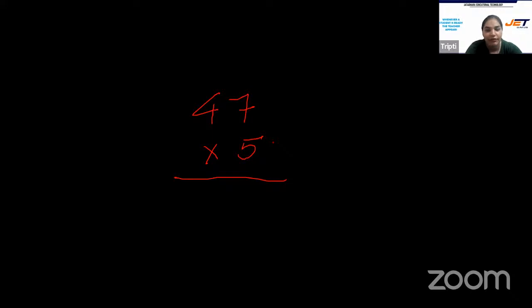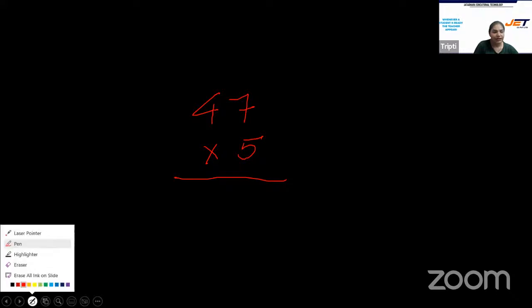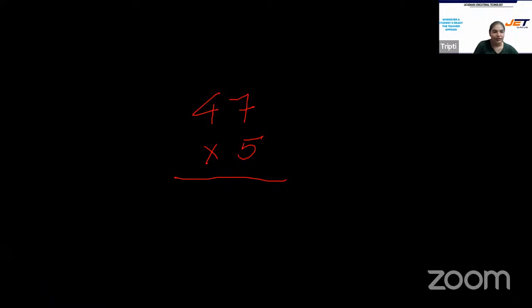So similarly, we are going to do this. 5 times 7. First, the teacher will go to the first student. 5 times 7 is 35. I can't write 35 here at one's place. So 3 will go on top of the other number to the neighbor's house, and 5 will remain here.